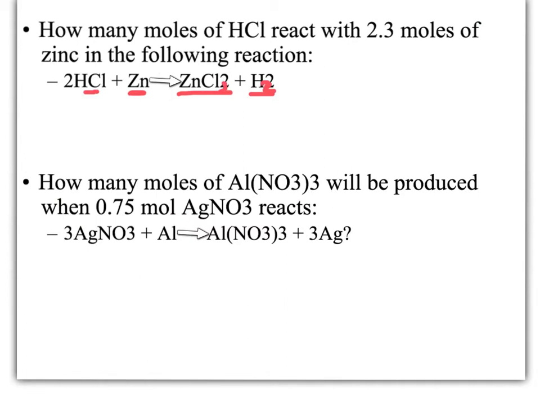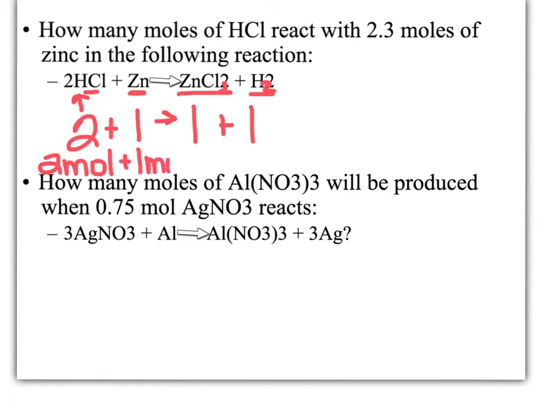So I could interpret that to mean that for every 2 hydrochloric acids, they would react with 1 zinc, they would make 1 zinc chloride, and they would make 1 hydrogen molecule. Or that would also mean that 2 moles of hydrochloric acid would react with 1 mole of zinc to make 1 mole of zinc chloride and 1 mole of hydrogen gas.